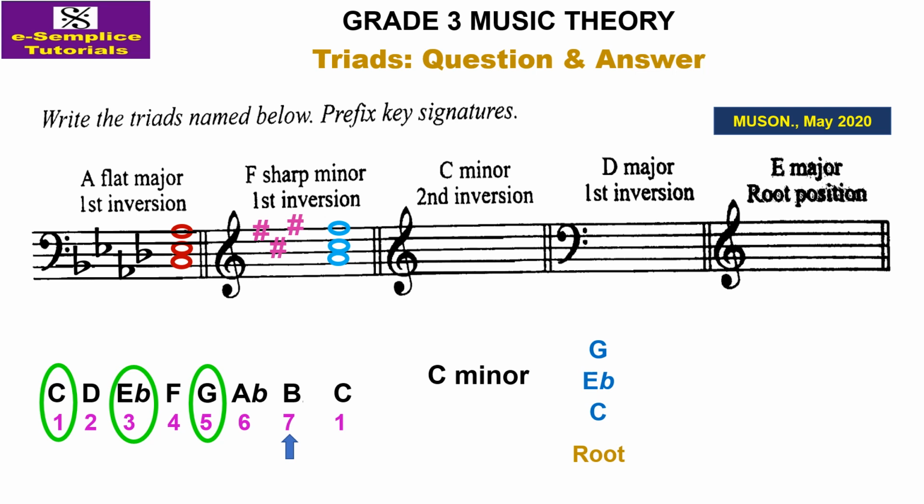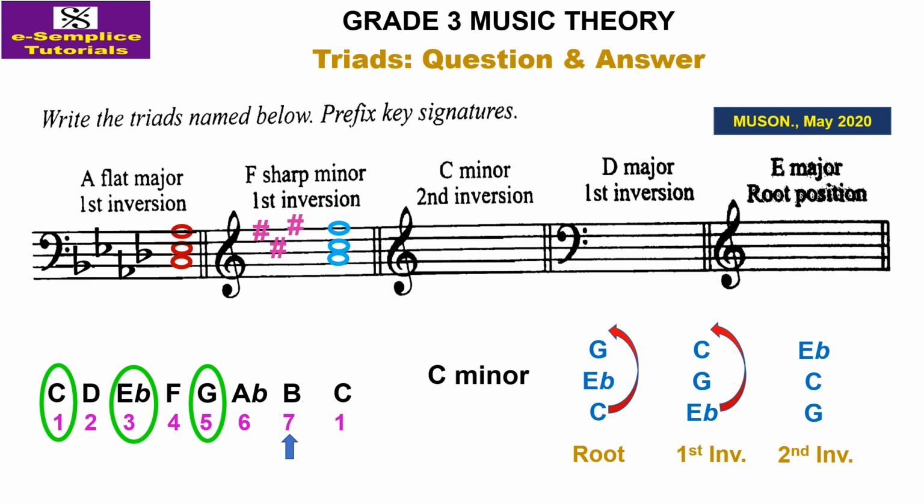You have root position as C, E flat, and G. Our question says second inversion. Now, if C goes up, E flat comes down, and it's first inversion. E flat goes up, G comes down. We now have what we are looking for, second inversion.